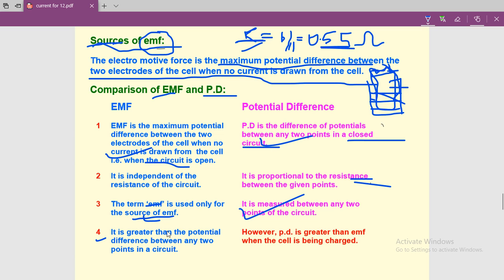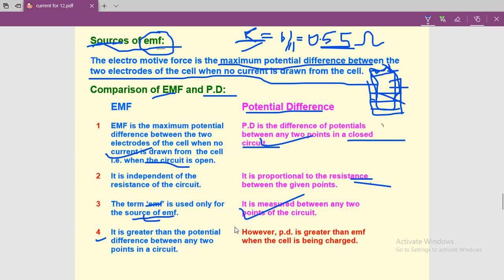It means this EMF is always greater than the potential difference. In some cases these two can be equal. When the circuit is open, potential difference is equal to EMF, but otherwise it can be less than the EMF.